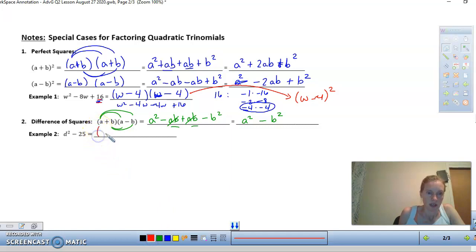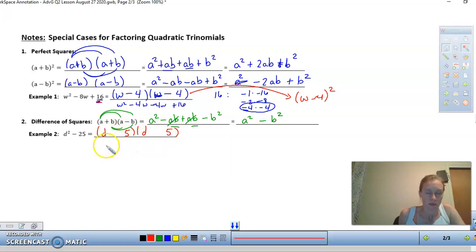So again, this is another special case, but like I said before, there's nothing new to memorize. You're just going to go through the same process. You have a d, you have a d, and these two guys have to multiply to a negative 25, but the combined like terms need to cancel. So again, if you notice it's a perfect square, I would try the 5 and the 5, because 5 times 5 is 25.